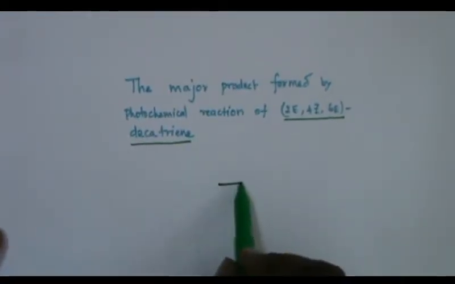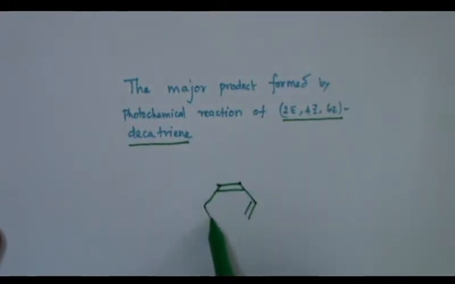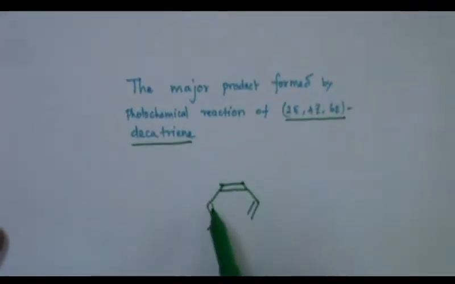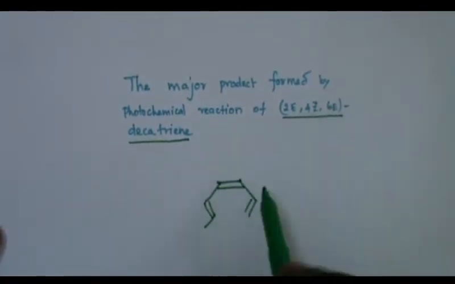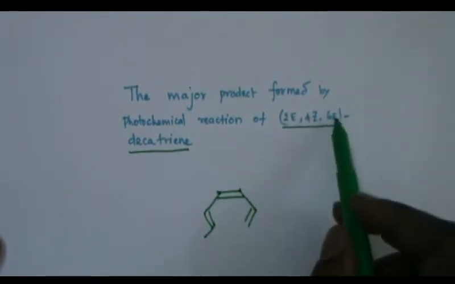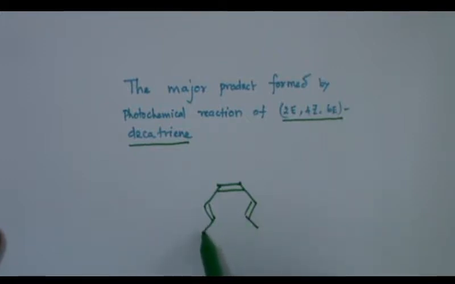That is, one, two, so this is E, 2E. 3, 4, this double bond, it is Z. 5, 6, here it is E, so trans. Now the number of carbon 1, 2, 3, 4, 5, 6, 7, 8, 2 more. So this is the compound.